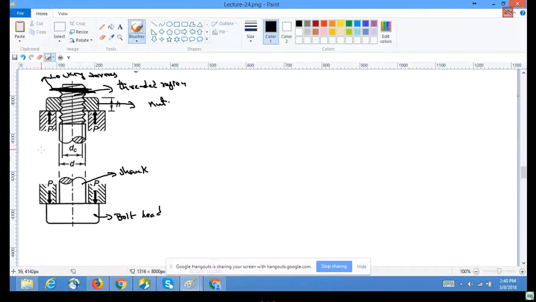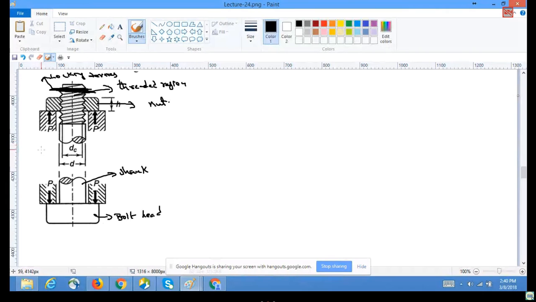Generally, what people do is provide a locking device so that this nut doesn't fall off from the bolt. That is the reason this locking device has significant importance, especially for rotating components. For non-rotating components, people generally don't provide a locking device. It is not mandatory, but it's okay to use such devices.